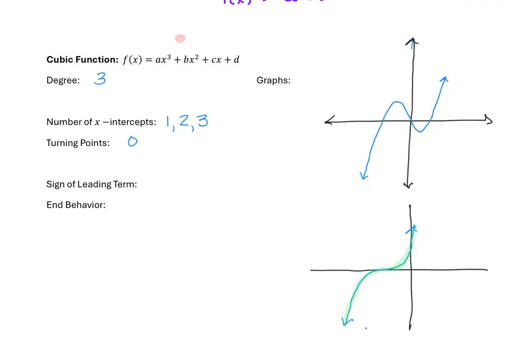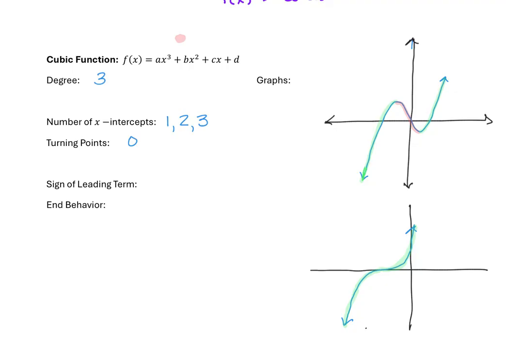All right, if we look at the second option that we had, we want to know what we have here. So if we start on the left, we're going up. We get to this point at the top of our peak, and then we turn around and we go back down. And then we get down to that low point, local minimum, and we turn around and we go back up.